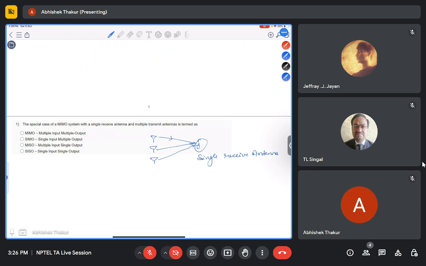The transmit antenna is also called the input, so that is multiple input, and the single receive antenna gives a single output.